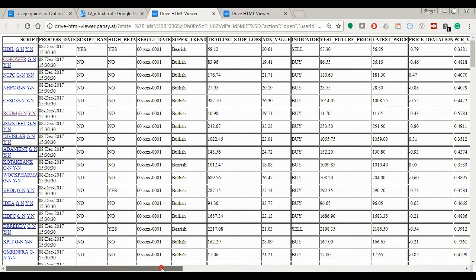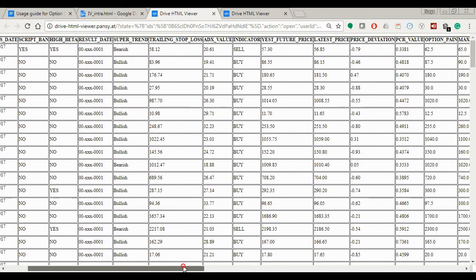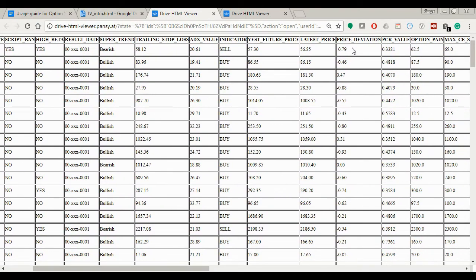I'm just checking the price value. Yeah, here we have the price value. Instead of the futures price, this particular scanner gets the cash price value. So this latest price says the current price at the instance when the calculation was made, and the price deviation compared to yesterday's value.